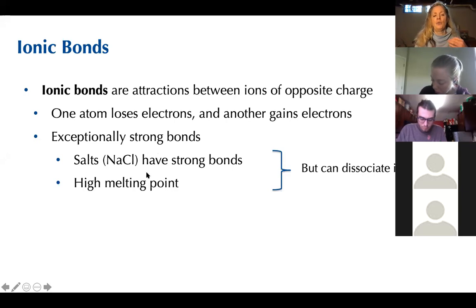But I don't want you to get the wrong idea that sodium chloride itself is not bonded strongly and that ionic bond isn't strong. It's a very strong bond that holds sodium chloride together, and sodium chloride could sit for eternity, not changing, not decaying, on your shelf, and probably does somewhere in your kitchen.